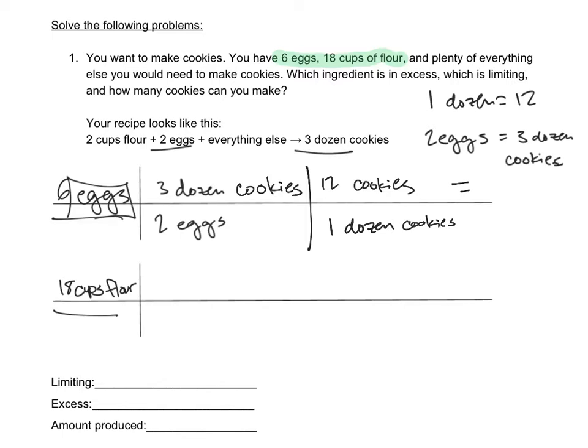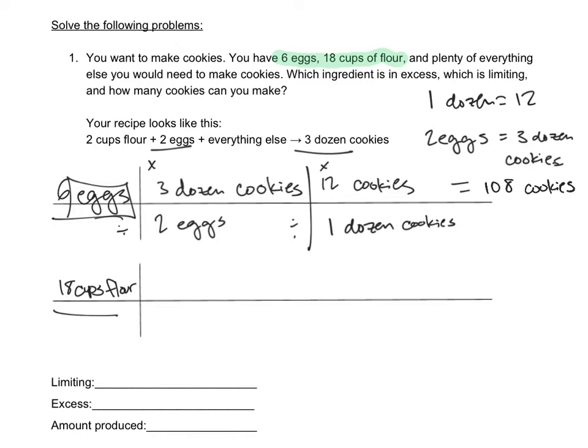And figuring out the number is multiplying on the top, dividing on the bottom, which gives you a final answer of 6 times 3 times 12 divided by 2, which I believe is, let's see, 108 cookies. That's how many cookies you could make with 6 eggs.